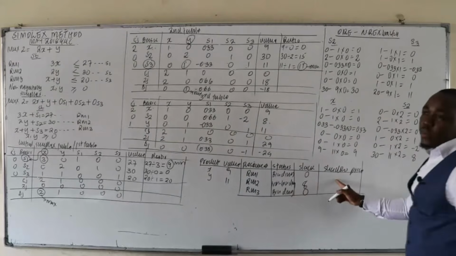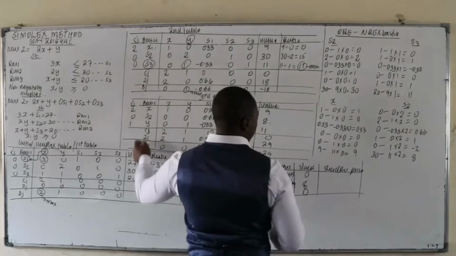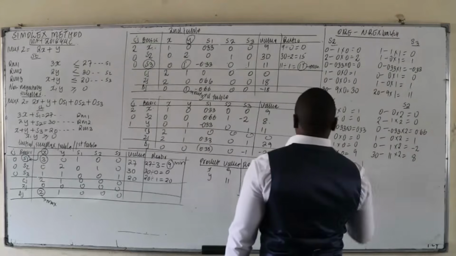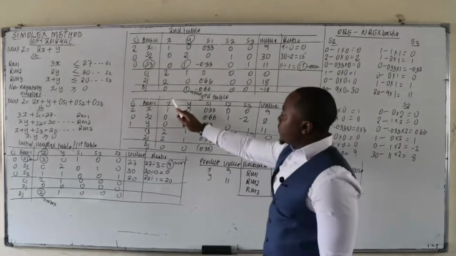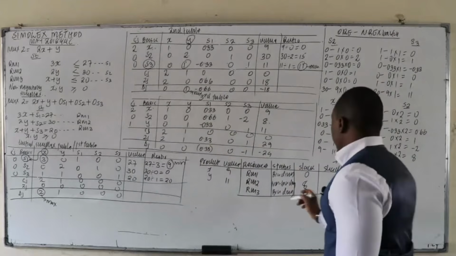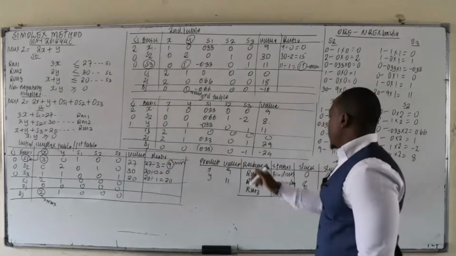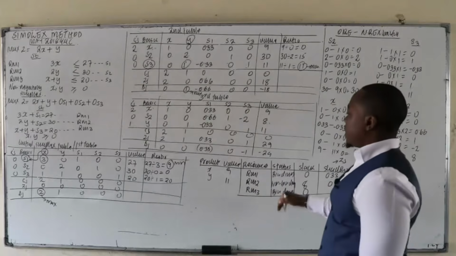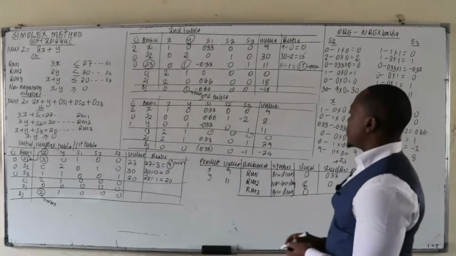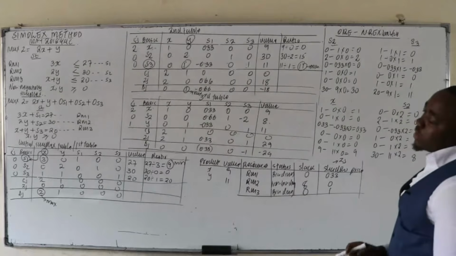Then we get the shadow price. To get the shadow price, you look at the ZJ. For S1, we have 0.33. For S2 it is 0. You will see that for non-binding, the shadow price is always equal to 0. And then for S3, we have 1.